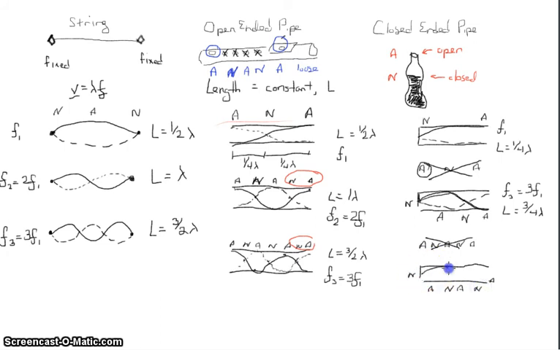Alright, and it would look as follows. You would end up getting 2 whole loops and a half of a loop, which means the length is 5/4 lambda, and the frequency is going to be the 5th harmonic.